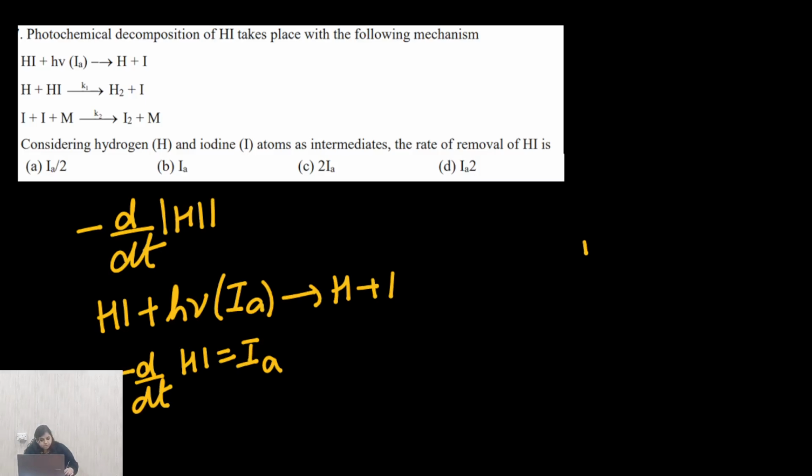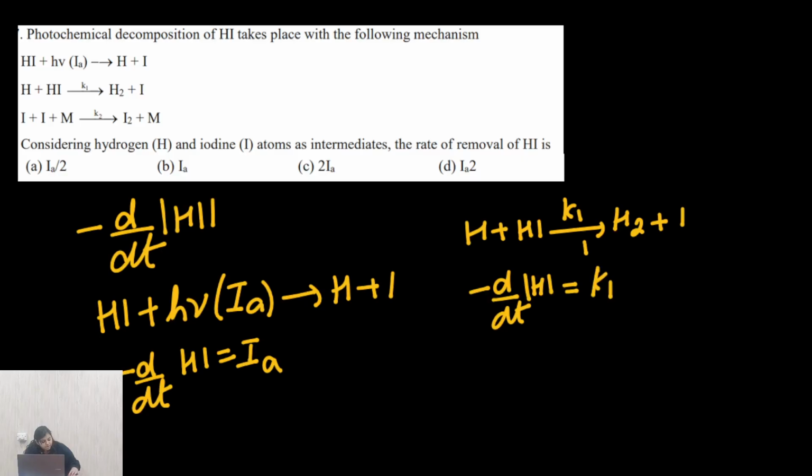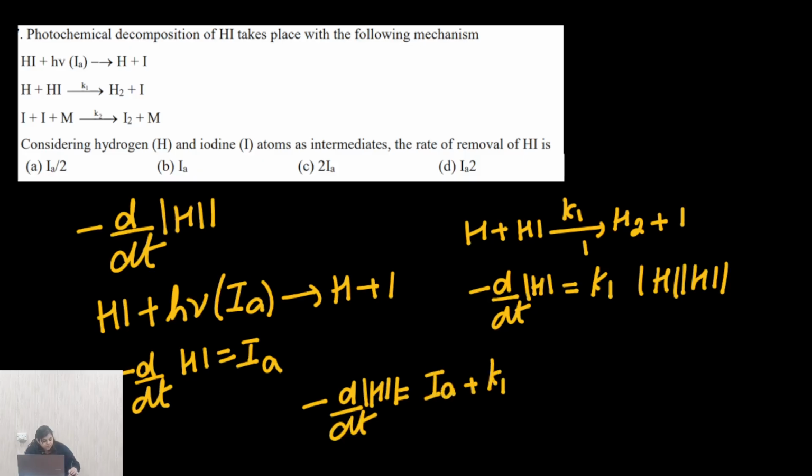The second equation, H plus HI, with the rate constant K1, gives us H2 plus I. For this one, minus d by dt of HI comes out to be K1 times H into HI, right? So these two we can combine. Overall, minus d by dt of HI we are getting as IA plus K1 times H into HI.